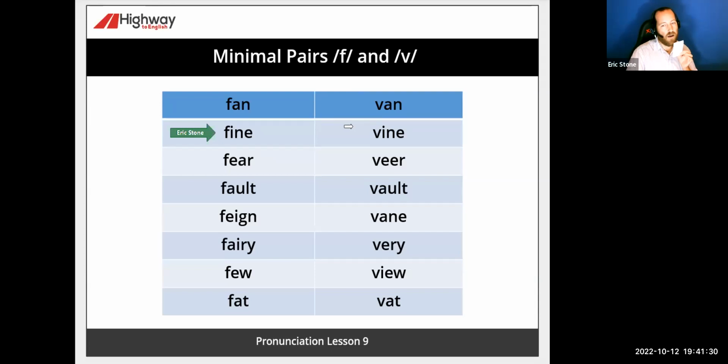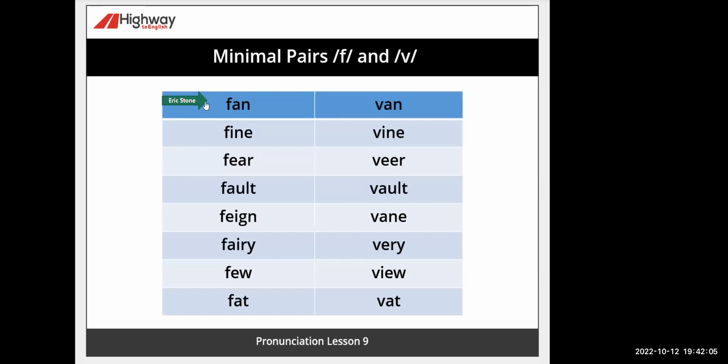Fine, vine, fear, veer, fault, vault, feign, vain, fairy, very, few, view, fat, vat.